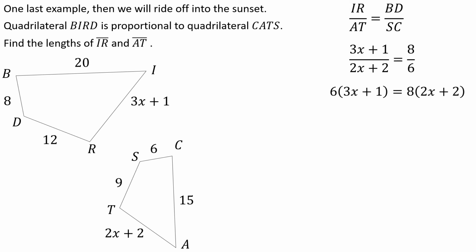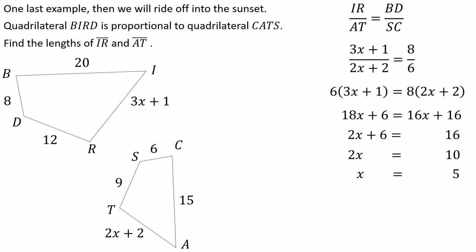Cross multiply. Use the distributive property. I subtracted 16x from each side. I subtracted 6 from each side. Divided by 2. All right, x is 5.